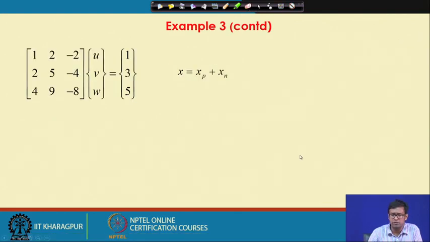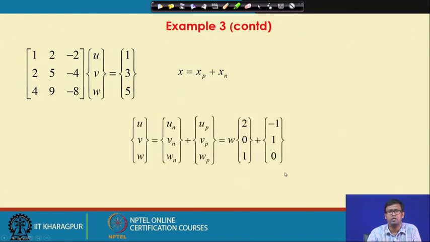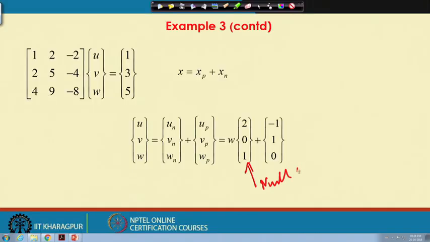And the final solution will be x is equal to xp plus xn. So, (u, v, w) is (un, vn, wn) plus (up, vp, wp), which is w times (2, 0, 1), which is the null space vector, and this is multiplied with the free variable.